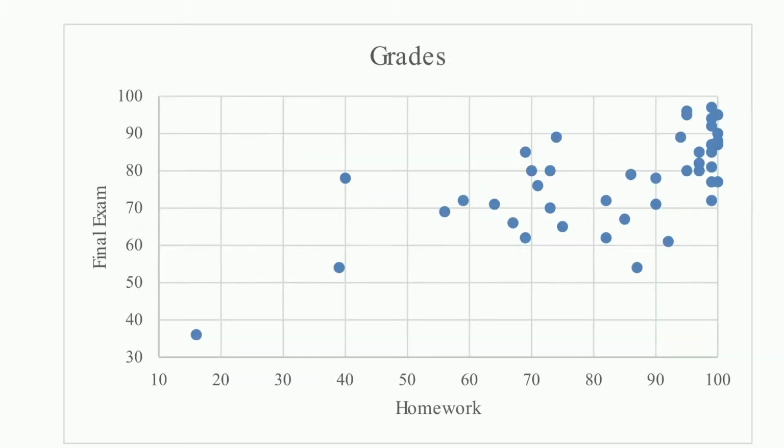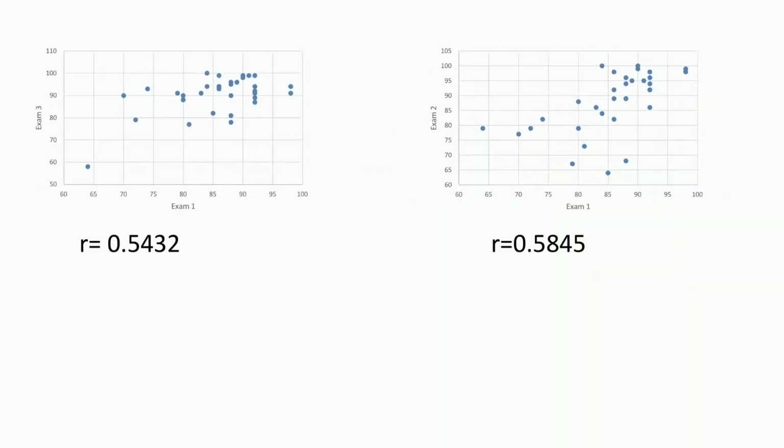Let's see, I've got some other ones that I can show you. Just a sec. That one doesn't have an R value on it. Here's some, just to get a sense for what it means for the R to be a different number. So, for example, if R is 0.54 or 0.58, both of those, not a very strong correlation, 0.5, but there is a trend.